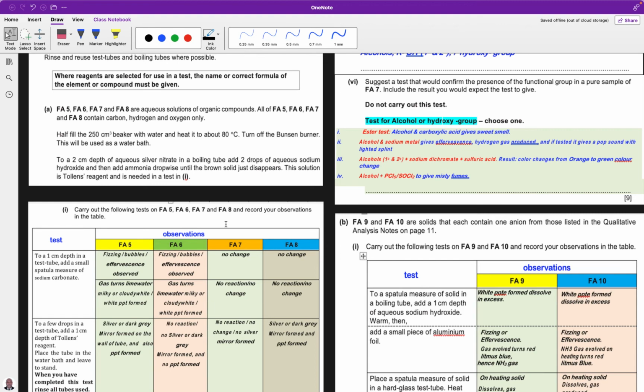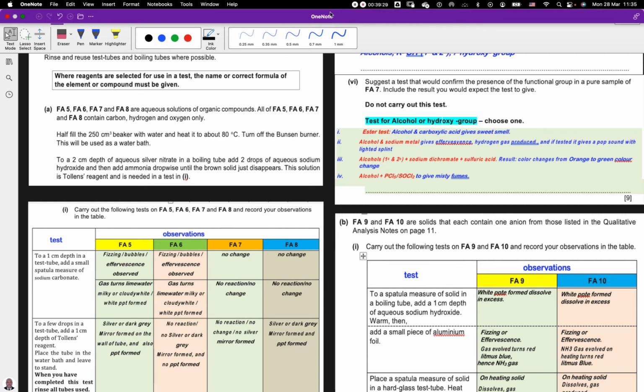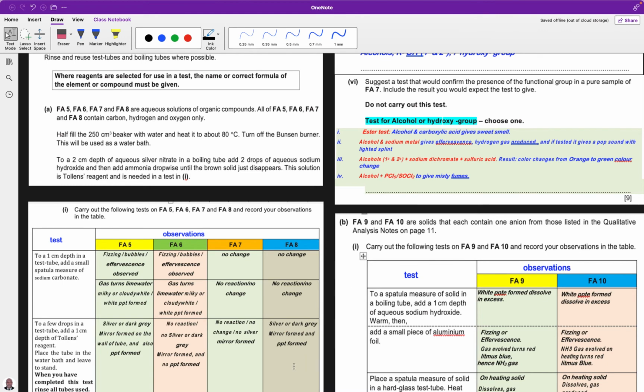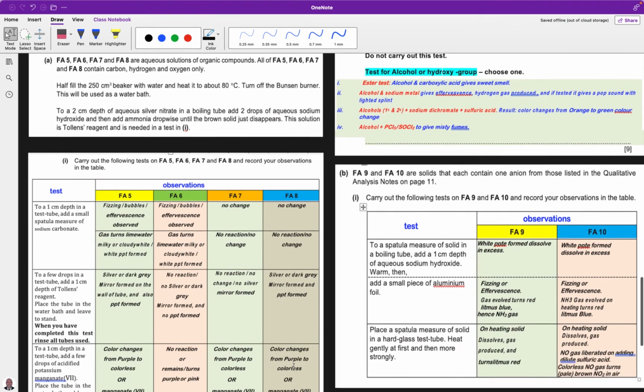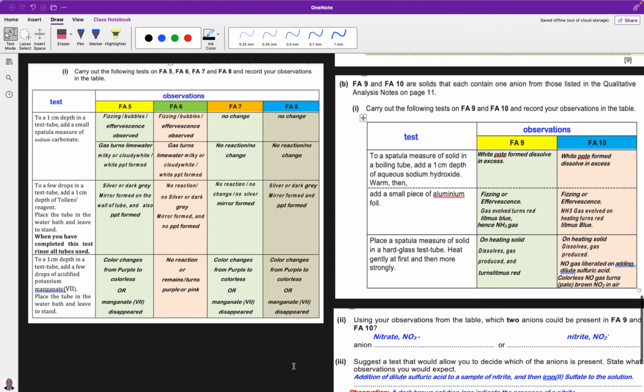Roman 1. Carry out the following tests on FA5, FA6, FA7, and FA8 and record your observations in the table. The test: to a 1 cm depth in a test tube, add a small spatula measure of sodium carbonate.